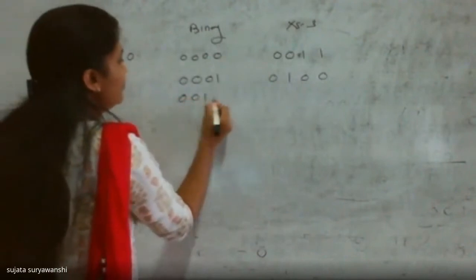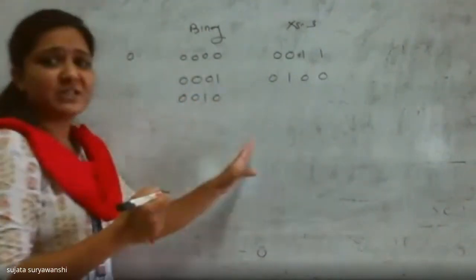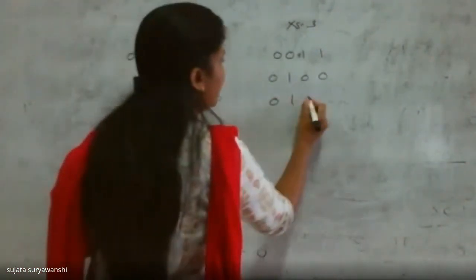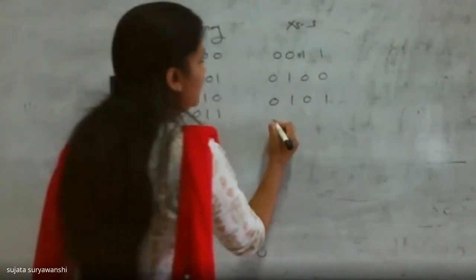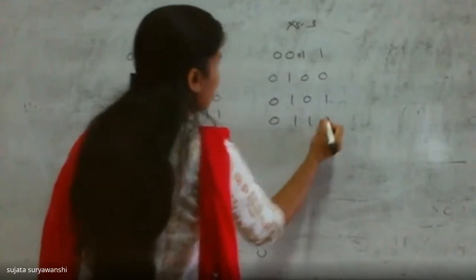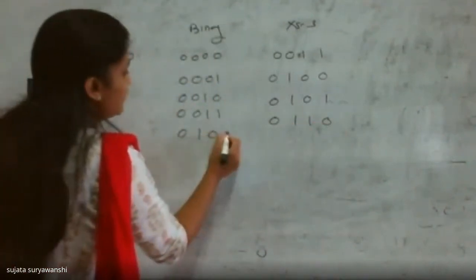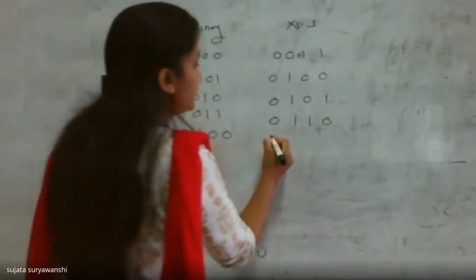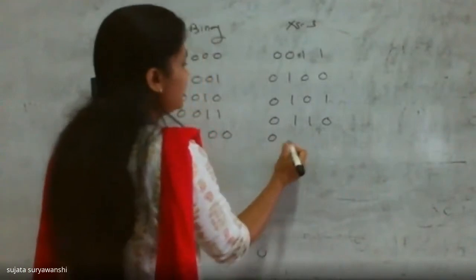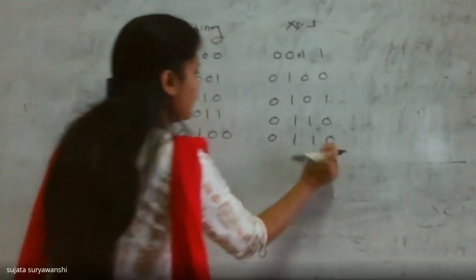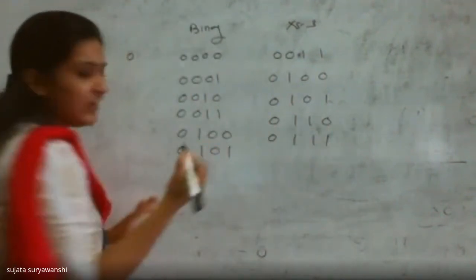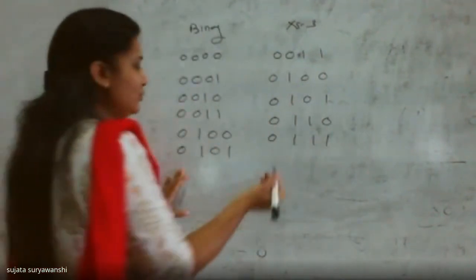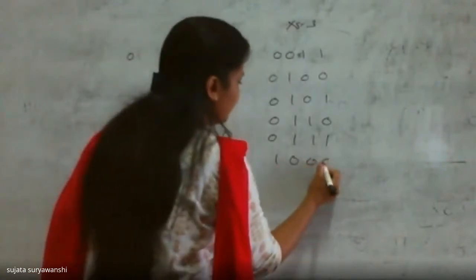Then for 2, 2 plus 3 is equal to 5, so 0101. Then 3, 3 plus 3 means 6, like this. Then 4, 4 plus 3 is equal to 7. Then 5, 5 plus 3 is equal to 8.